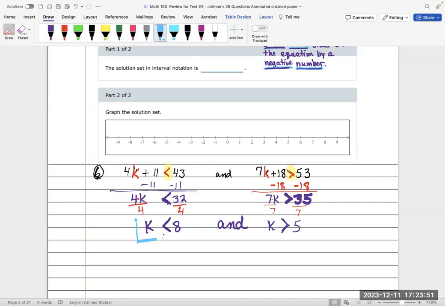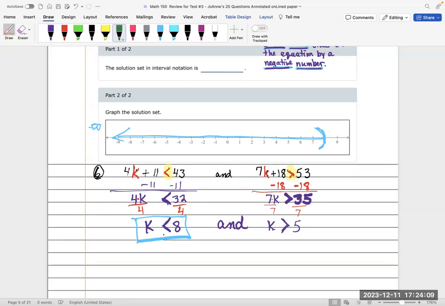So I'm looking for k less than, but not equal to 8. So smaller than 8 and not equal to 8 means all of the numbers going that way towards negative infinity.